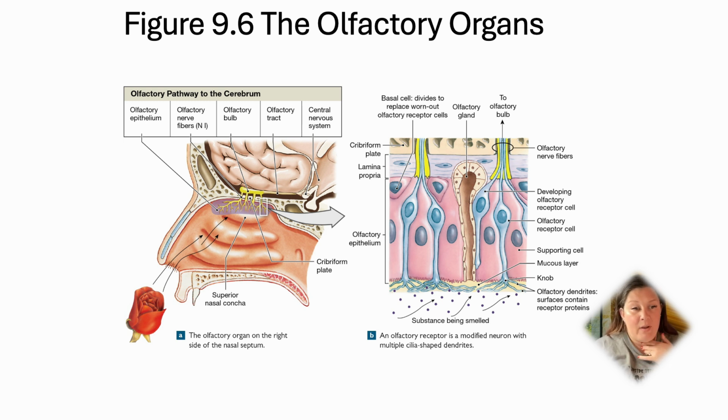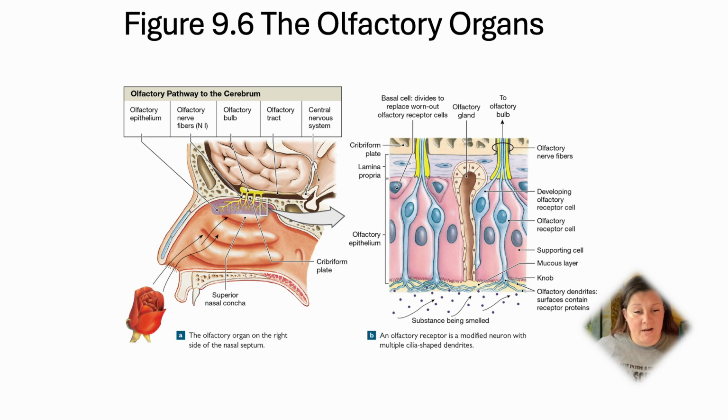There is a pathway for olfactory, and one of the things I want you to recall is that cranial nerve number 1 is our olfactory nerve. And we are going to talk about how information is brought into the olfactory system and then turned from a chemical process into a neurological, electrical component.